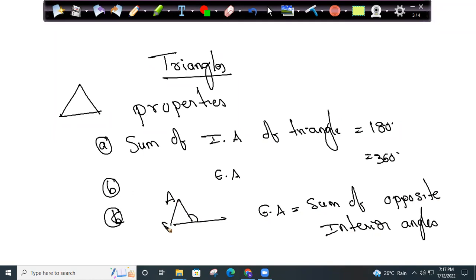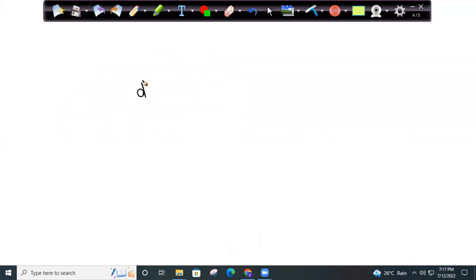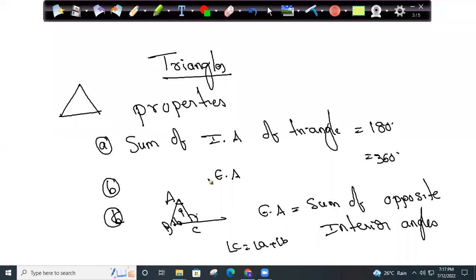Suppose I have angle A, angle B, angle C. So this angle is small a, this angle is small b. This is C, the exterior angle C is equal to angle A plus angle B. So the exterior angle is equal to the sum of opposite interior angles. Right, simple, right? Sum of interior angles, sum of exterior angles, and the exterior angle equals the sum of opposite interior angles.